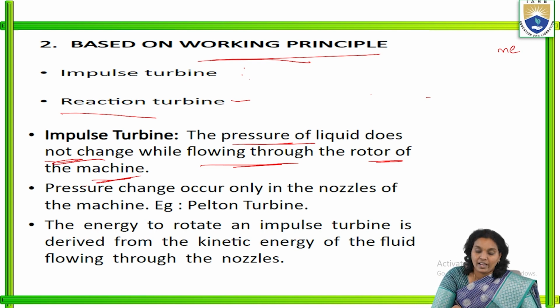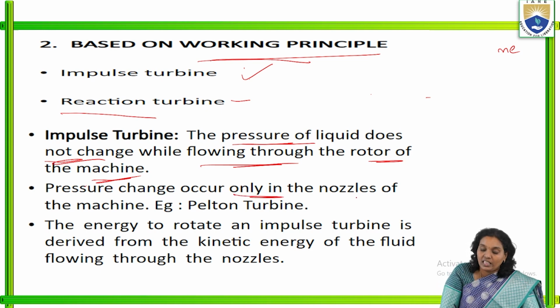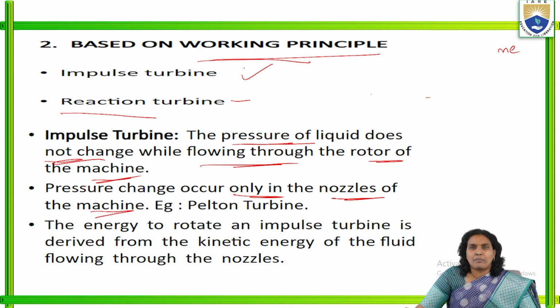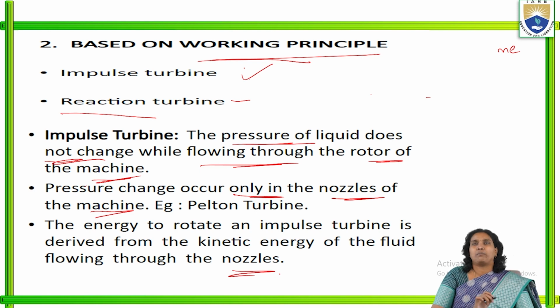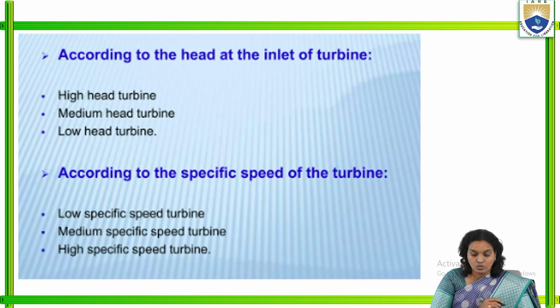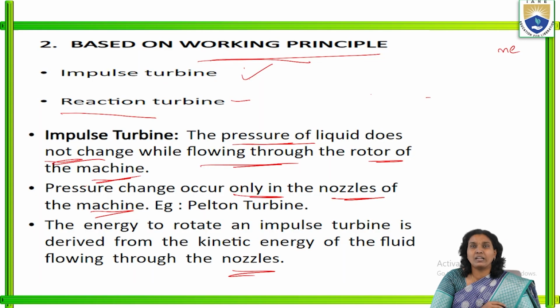The energy to rotate an impulse turbine is derived from the kinetic energy of the fluid flowing through the nozzles. This is the working principle involved in the impulse turbine.